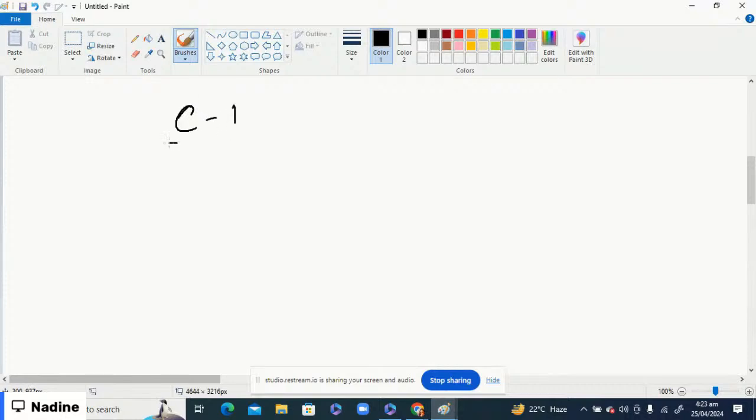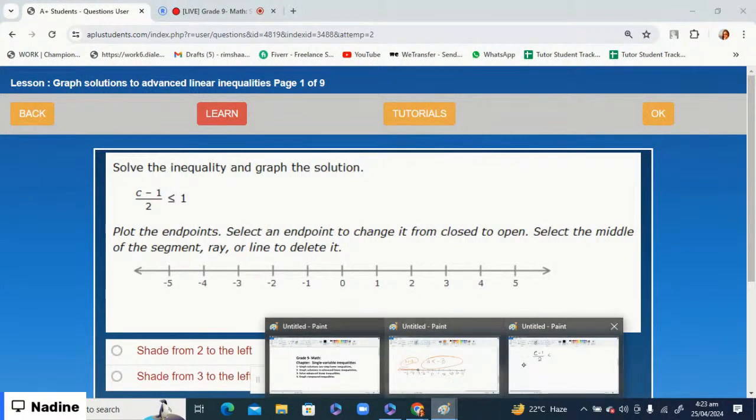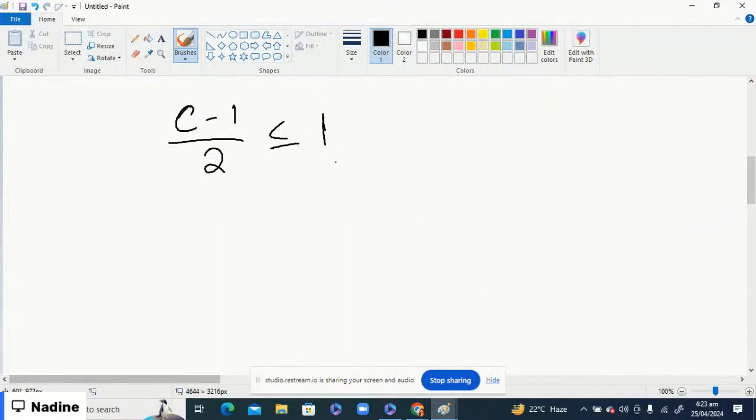So first, multiplying both sides with 2. When you multiply both sides with 2, that is your answer. Now addition, adding 1 to both sides.